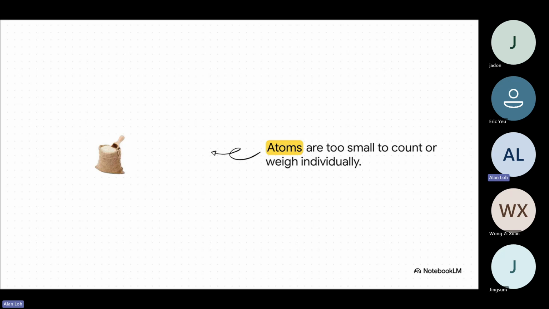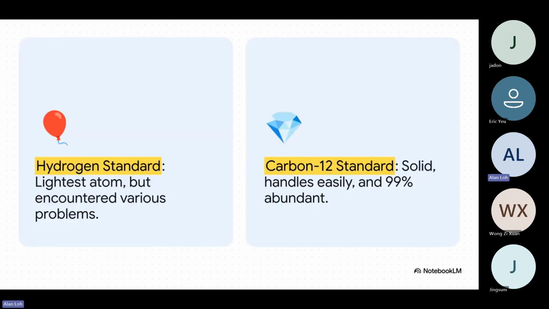So, how do chemists overcome this? They don't try to find the actual mass at all. Instead, they use a relative system. They compare the mass of one atom to the mass of another atom that's been specifically chosen as a standard. Now, if you're going to compare everything to a standard, what should that baseline standard be? Initially, chemists actually used the hydrogen atom, and it made sense at first, because it's the lightest atom, so everything else was just compared to it.